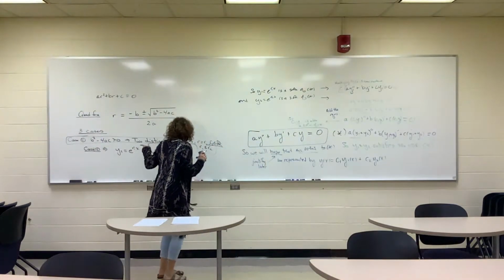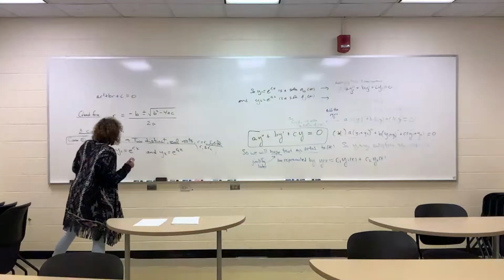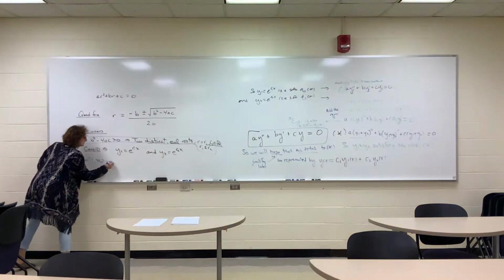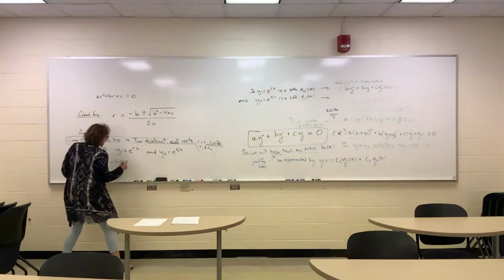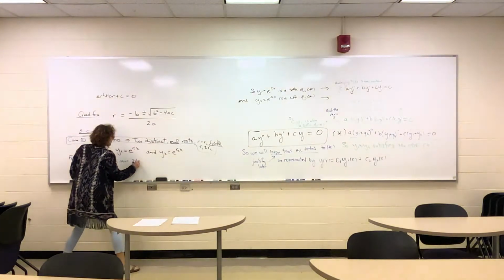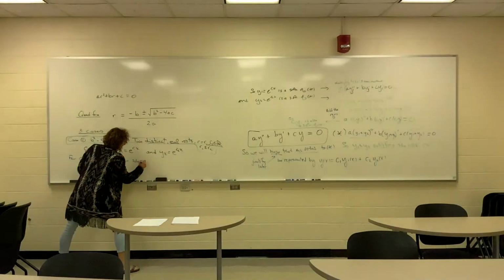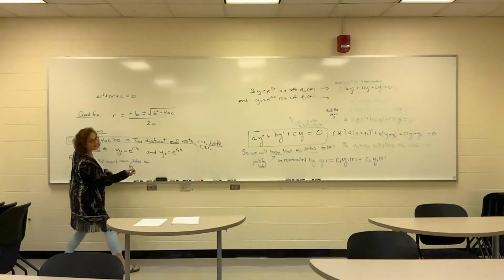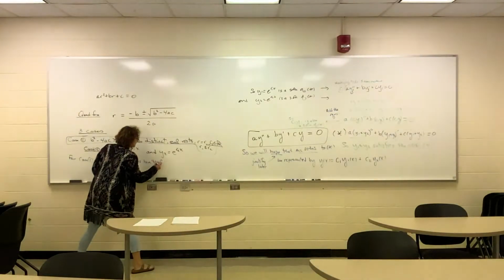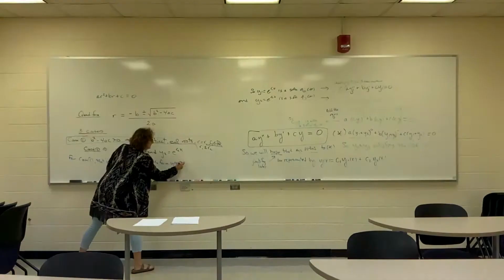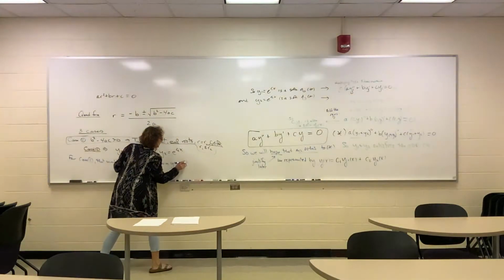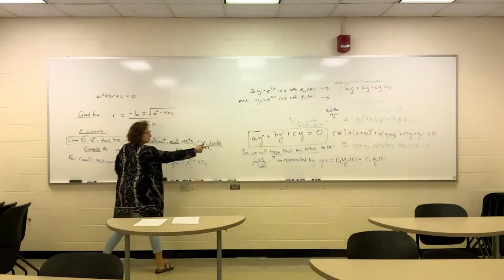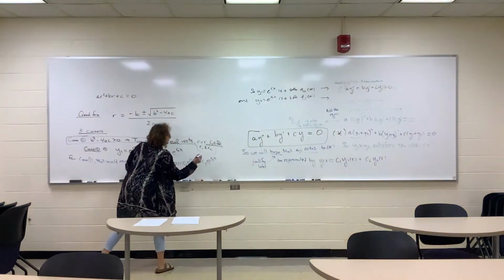So, in case 1, what would that say then? That would mean that all solutions, we haven't justified that yet, we will later, all solutions have the form y of x is C1 times y1, where y1 is e to the r1 x, plus C2 times y2, right? y2 is e to the r2 x.